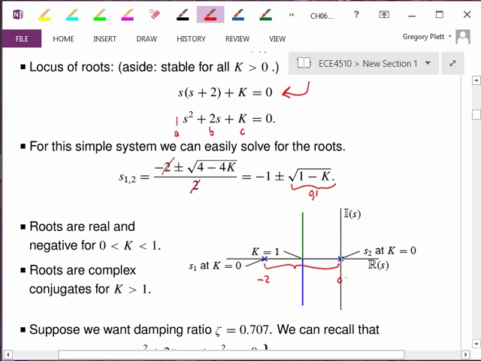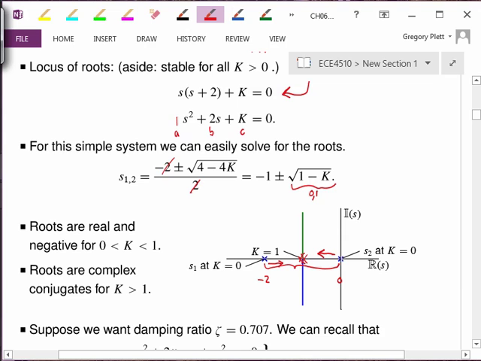When k equals 0, I've got minus 1 plus or minus 1, so that's minus 2 and 0. So when k equals 0, I've got a pole at minus 2 and a pole at 0, the origin. When k is bigger than 0, these poles are moving. That pole moves that way, and that pole moves that way. And when k is exactly equal to 1, I have minus 1 plus or minus 0. So when k equals 1, I've got two poles right on top of each other right there.